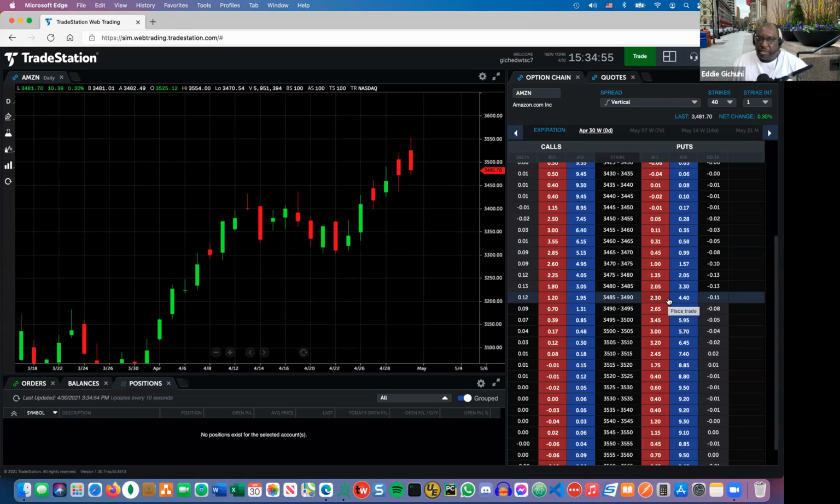Pause there for a second. If we think the price of, and I said that backwards. The minute it came out of my mouth, I said it backwards. If we have a bullish sentiment, meaning that we expect the price of Amazon to continue rising, then we would sell a put credit spread. Why do we want to sell a put credit spread?